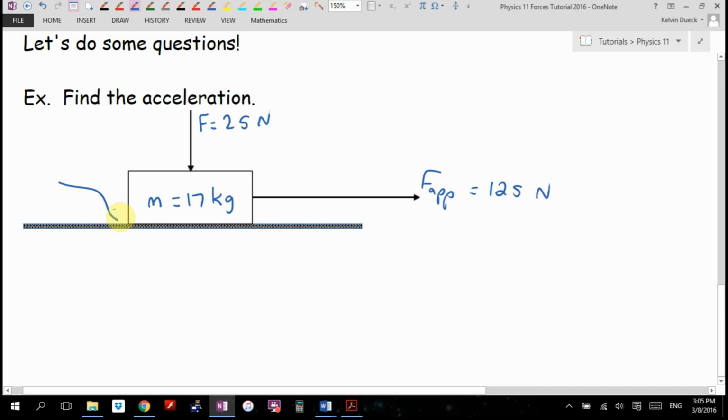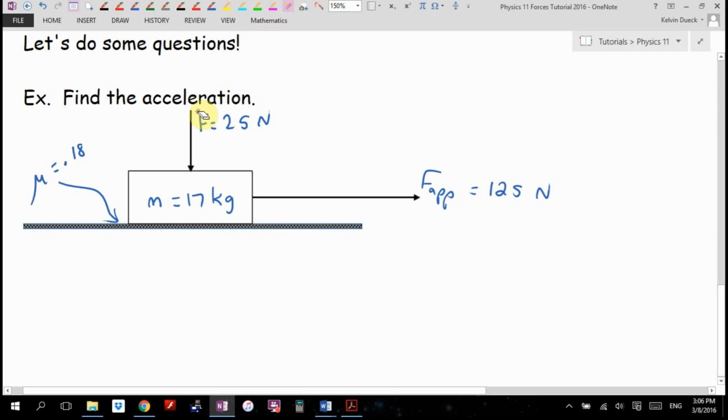Let's suppose that there is a coefficient of friction of 0.18. Find the acceleration. Okay? I've made this up. This might end up not being solvable. We might get a negative acceleration. If that's the case, oops, I apologize, but that's still good learning. This would be fair game. This is a fairly tough question.